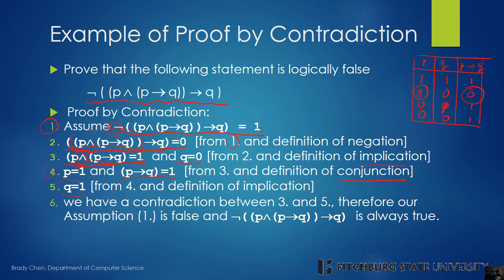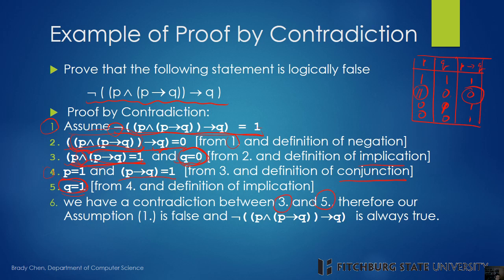Now, what's the problem with this result? Previously in step 3, we found that if we assume this is 1, Q must be 0. And then we say Q must be 1. How could that be possible? One says Q must be 0, and the other says Q must be 1. That's a contradiction between 3 and 5.